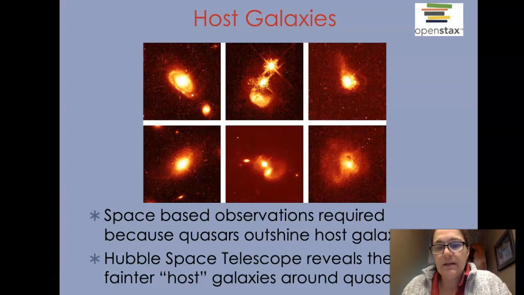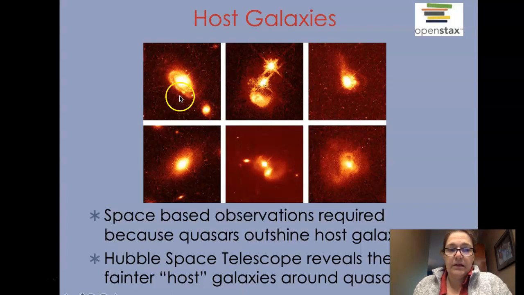In order to find out, we had to use space-based observations, the Hubble Space Telescope, because it does not lose so much light to the atmosphere. And so the Hubble shows us these 6 quasars with their galaxies around them.